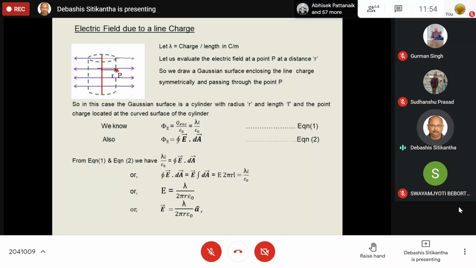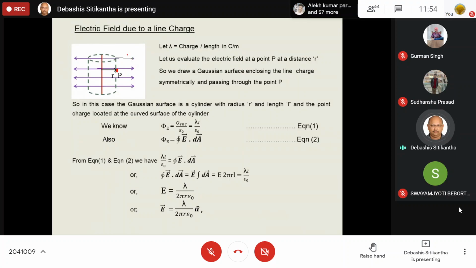So for that, what is the first step? The first step is to draw the Gaussian surface in such a way that it symmetrically encloses the line as well as passes through the point P. For that, obviously, I am going to get a Gaussian surface which has a radius of r.